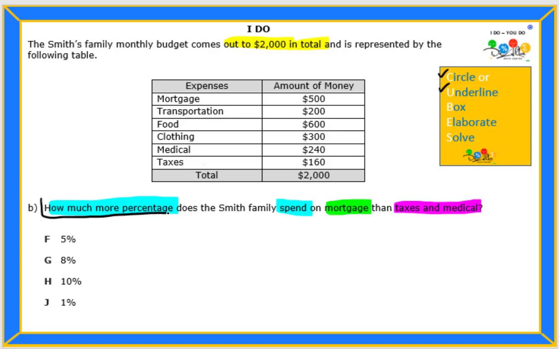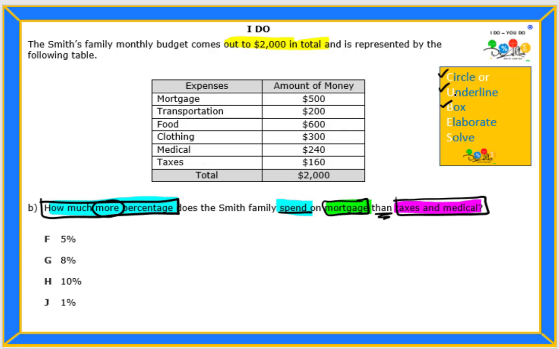How much more percentage does the Smith family spend on mortgage than on taxes and medical? Okay, so now we are going to elaborate, and I'm actually going to work with my question.